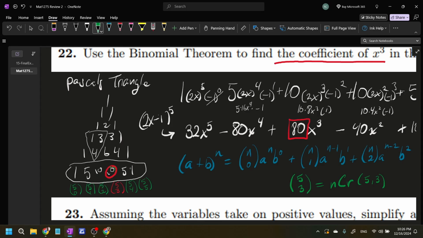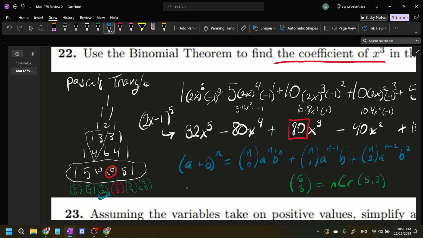I'm not going to list all 10 because that's not what they're asking. They're just asking for the coefficient of our third term. So we can use Pascal's triangle and just jump straight to this times a, in this case, 2x to the third power.